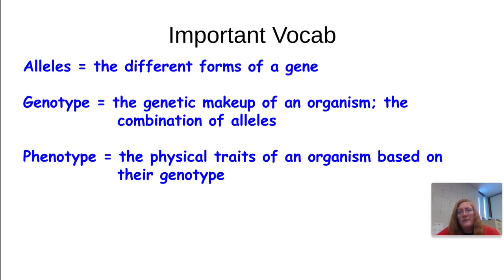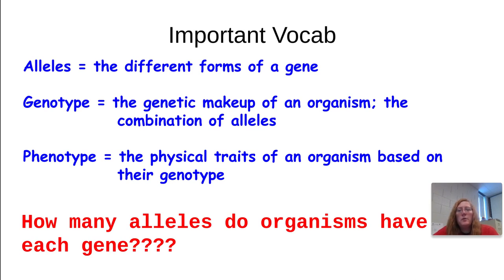Do you have a big B, little b? Do you have big A, little a? Phenotype is what we physically see. So are you an albino, or are you a regular melanin-producing person? Melanin is the pigment that allows you to have darker skin.